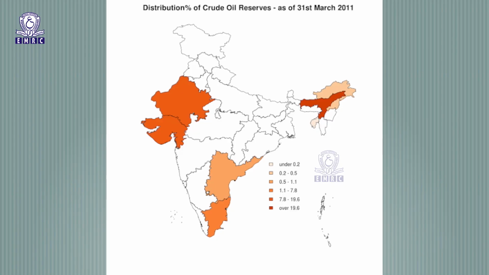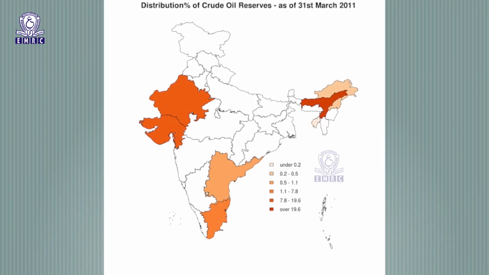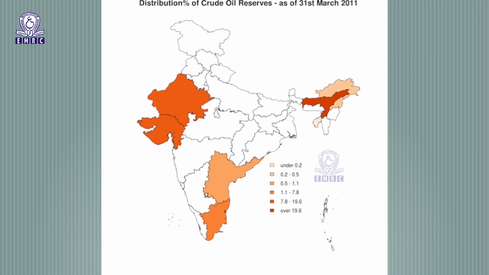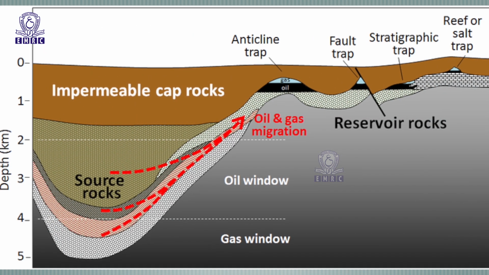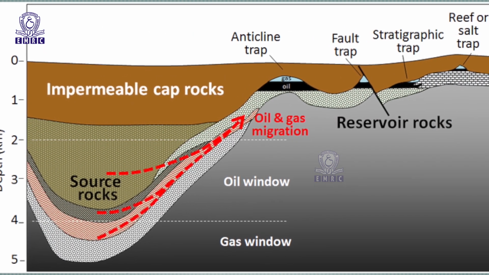So let me begin with the petroleum and mineral oil distribution in India. The process began in the Tertiary period, I can say 3 million years ago. Most of the oil reserves in India are associated with anticlines and fault traps in the sedimentary rock formations of Tertiary time.